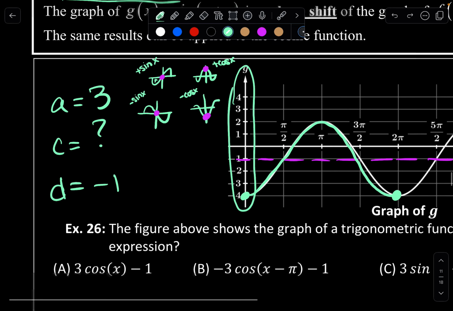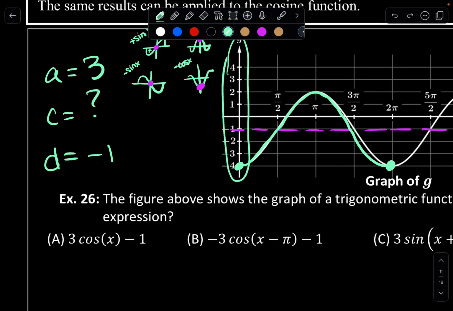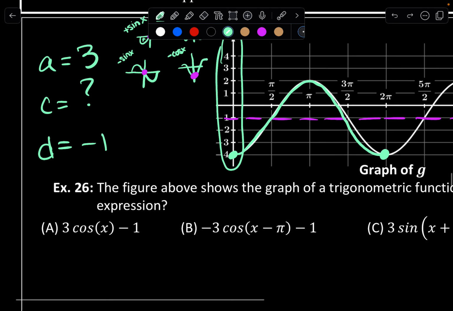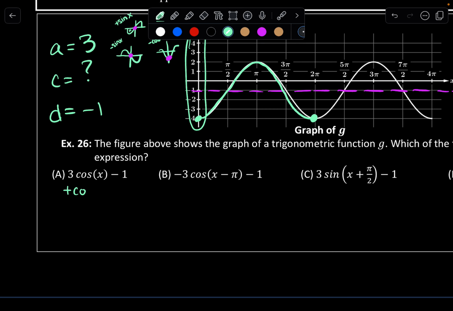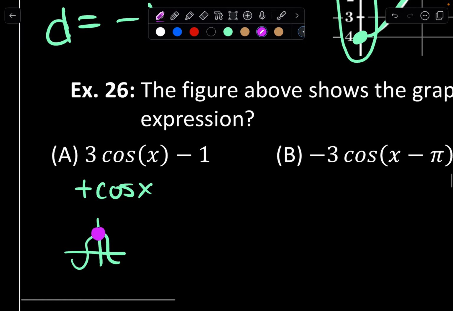So let's check out the 4 choices. Choice A says 3 cosine x minus 1. This parent function is positive cosine, so what I want to see is that maximum on the y-axis, because this is technically x plus 0.